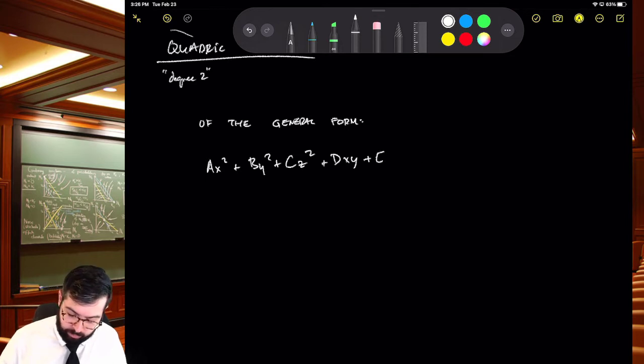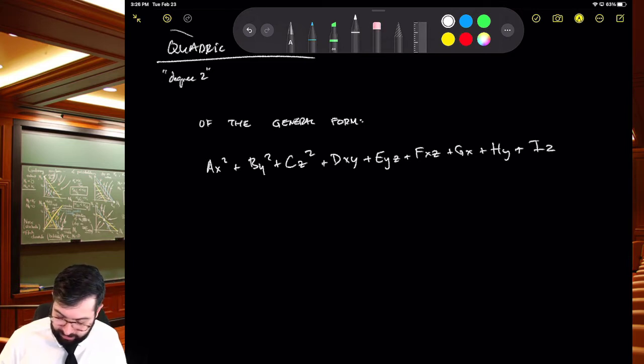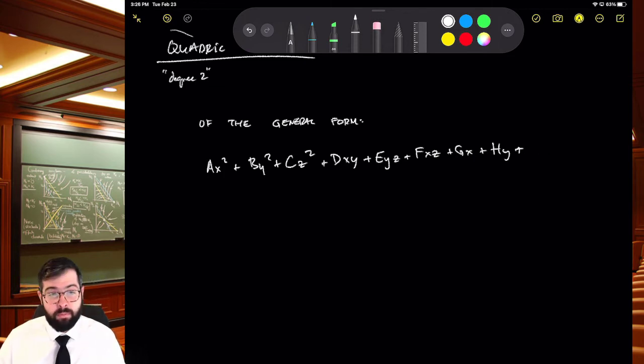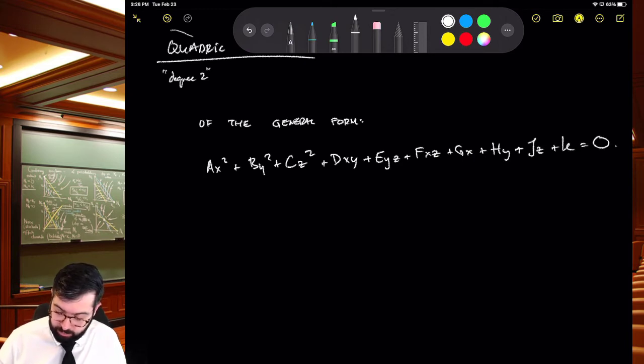Remember alphabetical order? That's a whole thing. Plus fxz plus gx plus hy plus iz. Oh, looks like they don't use i in the text. I would, but it might be a reserved letter, like the 13th floor in a hotel. Plus k equals 0.